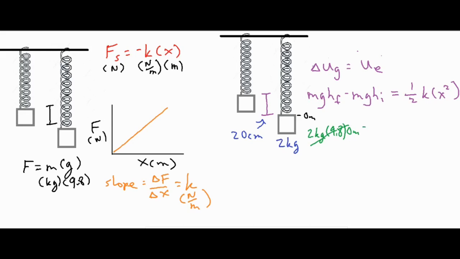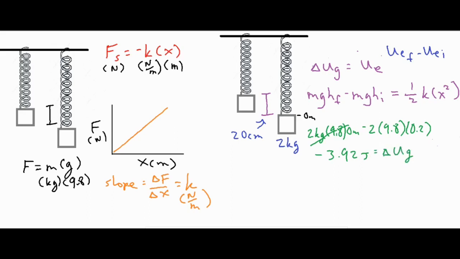Then we would have negative 2 kilograms times 9.8 times our initial height, which is 20 centimeters, and if we convert that to meters, it's 0.2. If we take 2 times 9.8 times 0.2, we end up getting negative 3.92 joules as our change in gravitational potential energy.